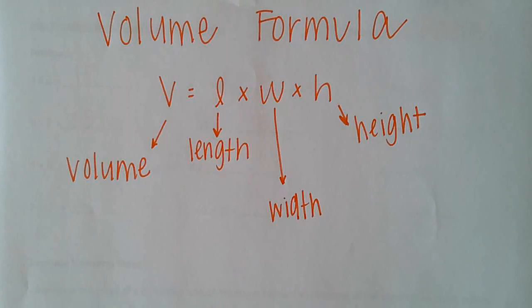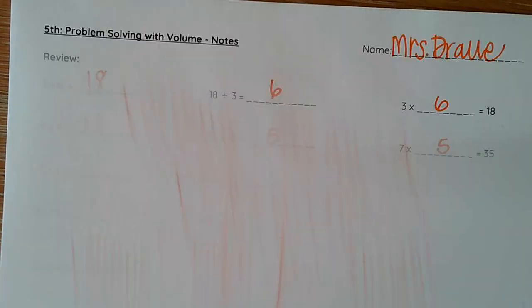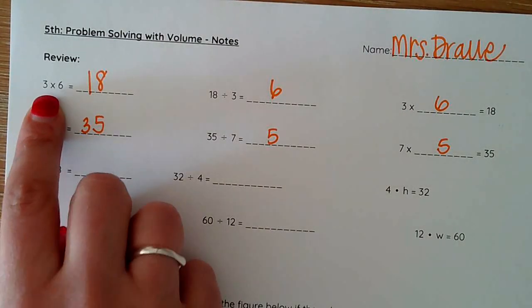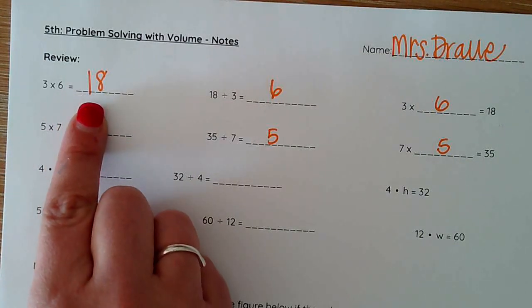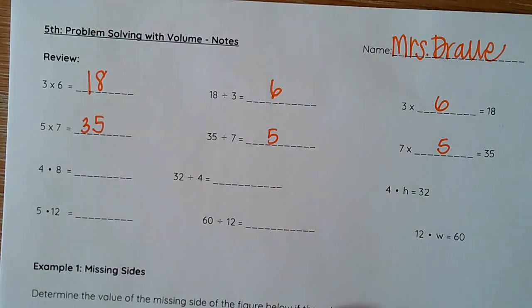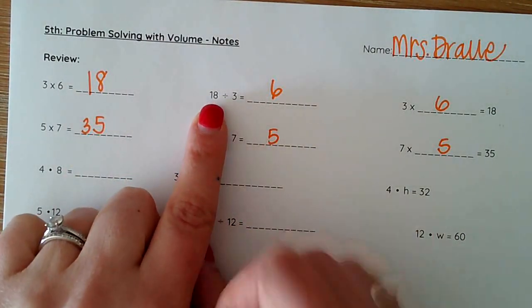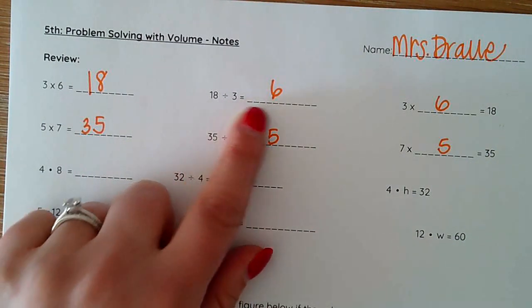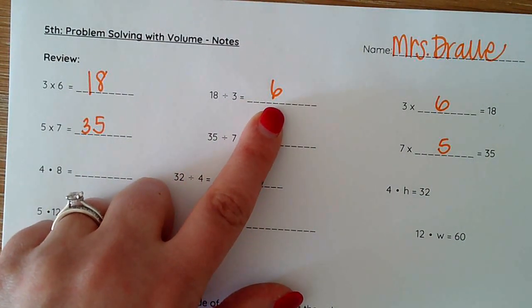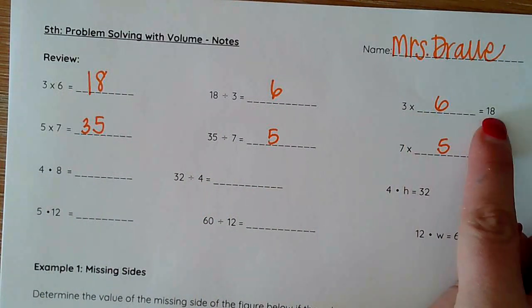But before we do that, I want to review. We know that when we multiply 3 times 6, it'll equal 18. We can take that and move around those numbers and use an inverse operation. So if we multiply, we can then divide and say, 18 divided by 3 is 6. Sometimes we might have a missing number.